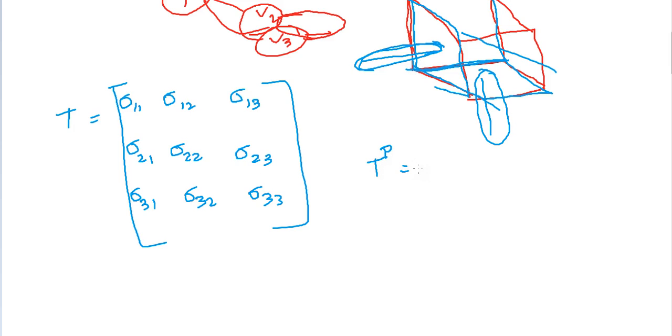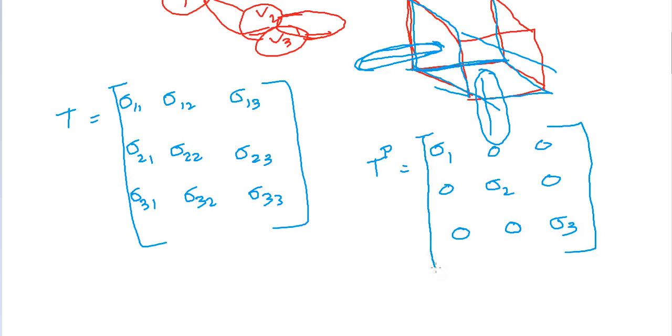The principal stress tensor is written as sigma 1, 0, 0; 0, sigma 2, 0; 0, 0, sigma 3, because all the shearing stresses are 0. These are the principal stresses.